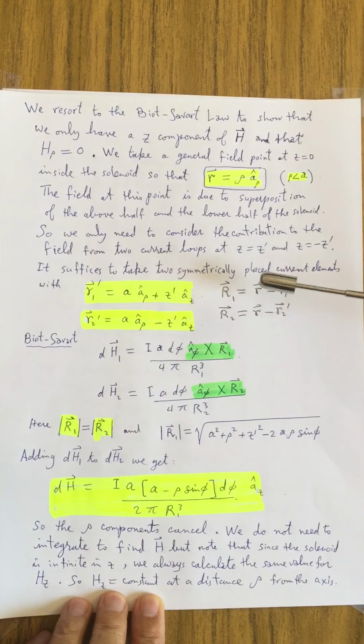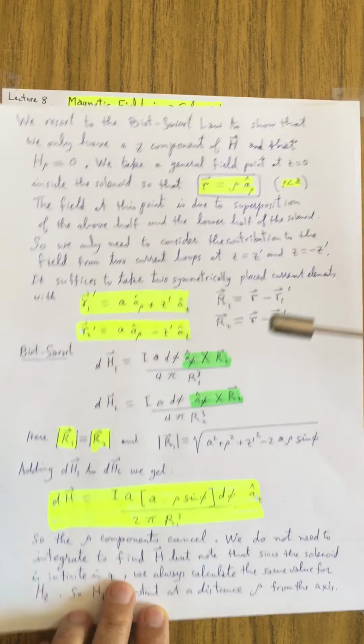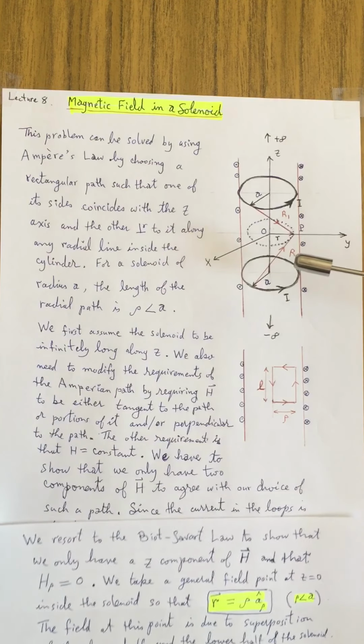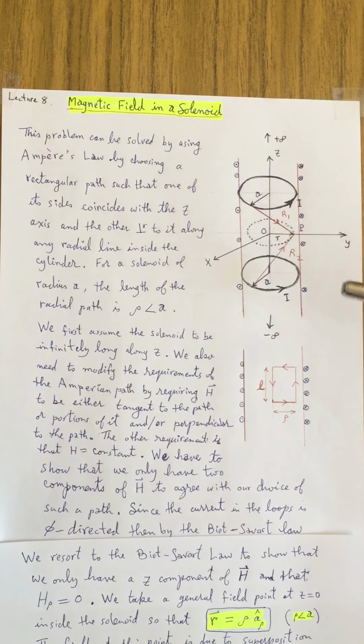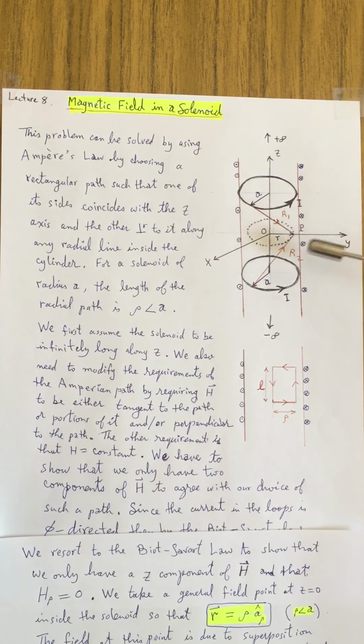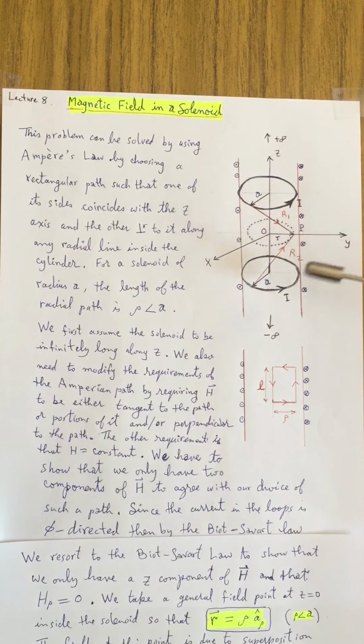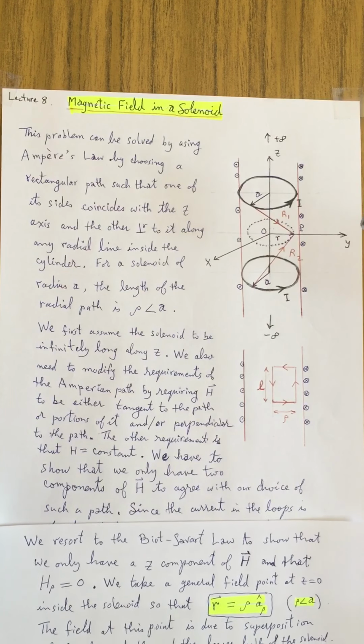But here, the magnitudes of the distances r1 and r2 in the figure are the same. Although in the figure they don't look the same, actually they are equal.